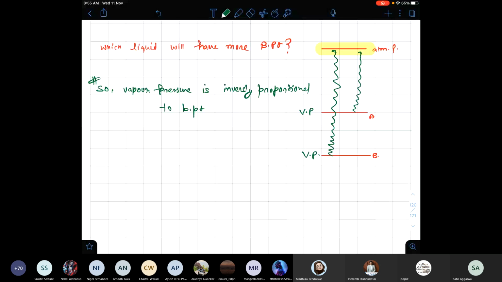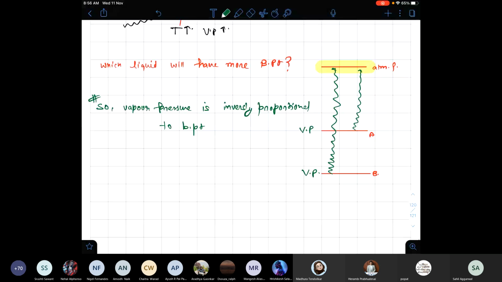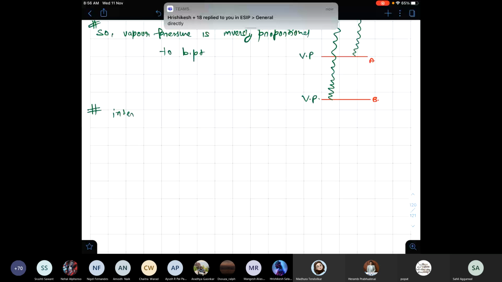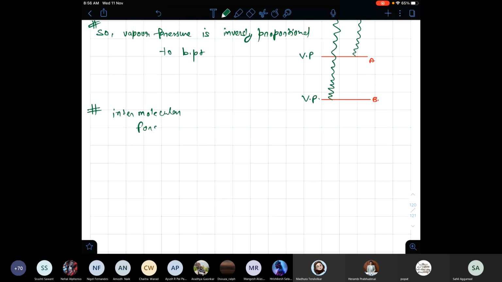Okay. How will you relate intermolecular forces with boiling point? Intermolecular forces कैसे relate करोगे boiling point के साथ? Directly proportional. Intermolecular forces are inversely proportional to vapor pressure.